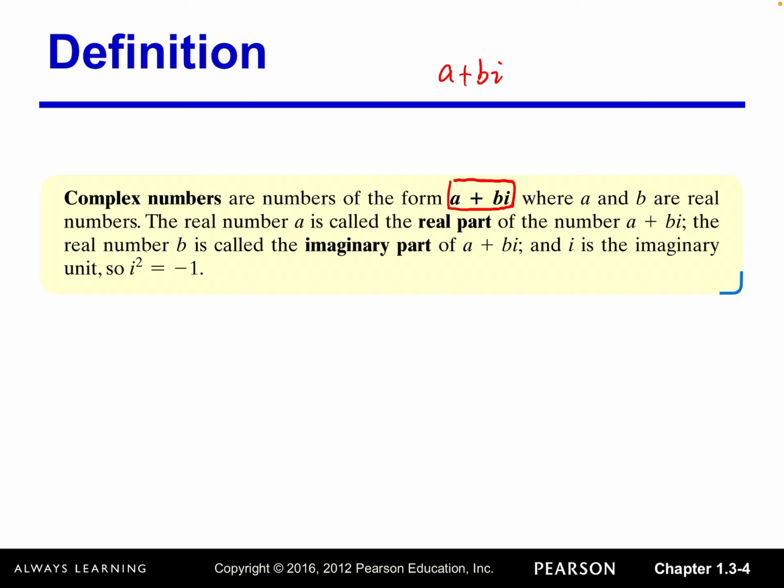We call a the real part of the complex number a plus bi, and the real number b the imaginary part of a plus bi. And i is the imaginary unit. Remember, we define i squared equals negative 1. That's all the definition. a plus bi is a complex number, a is the real part, b is the imaginary part, i is the imaginary unit.